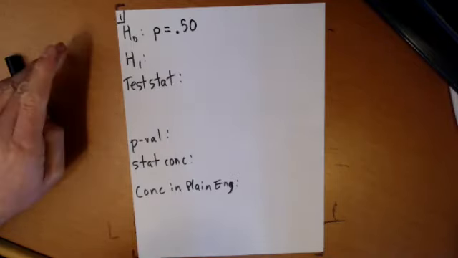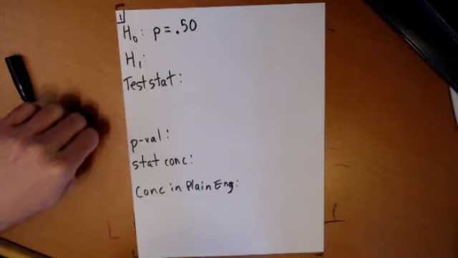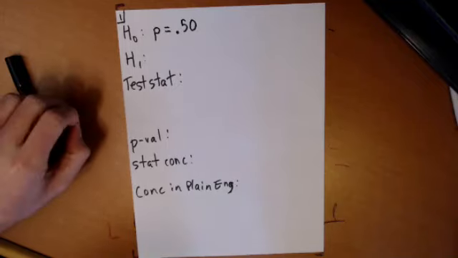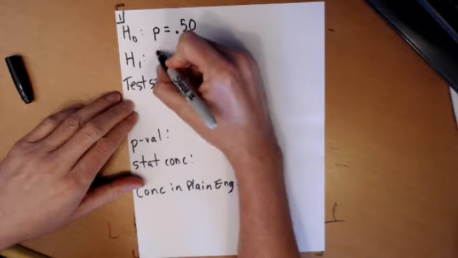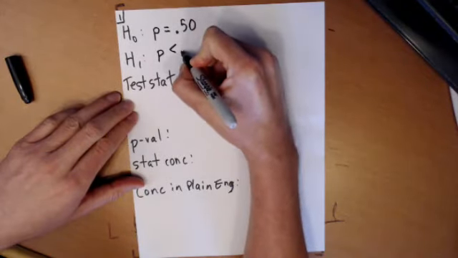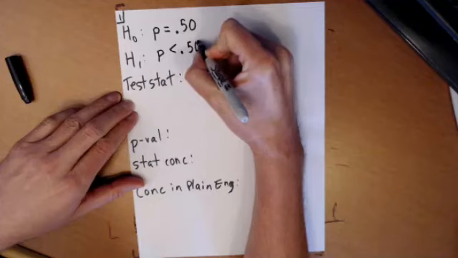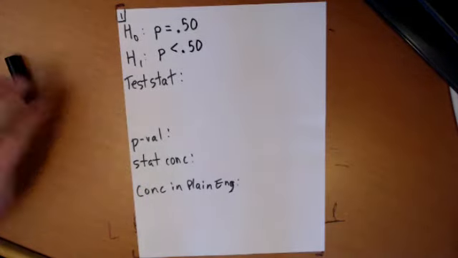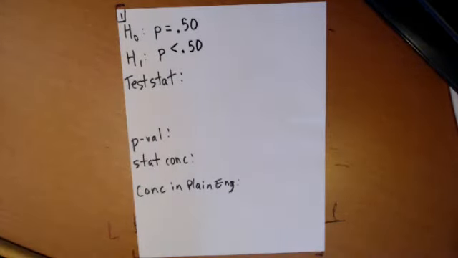Sometimes we think it's less, sometimes we think it's more, sometimes we think it's different. So in this one, it explicitly says we think it's less than 50. So P less than 0.50.